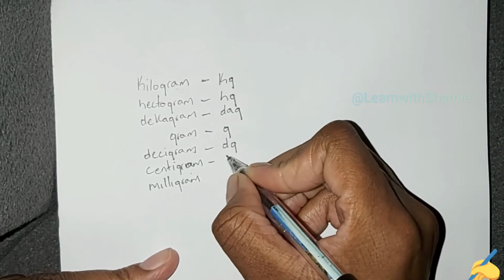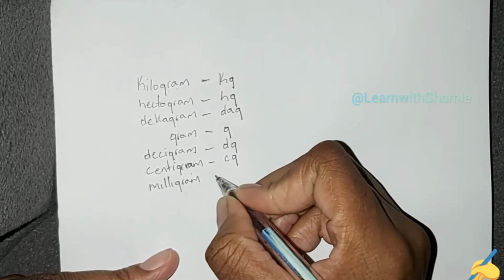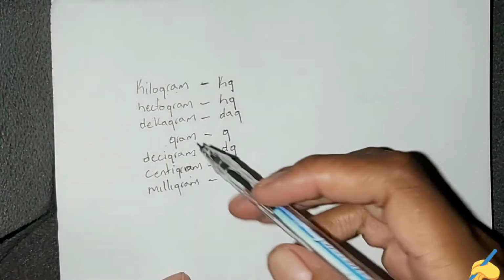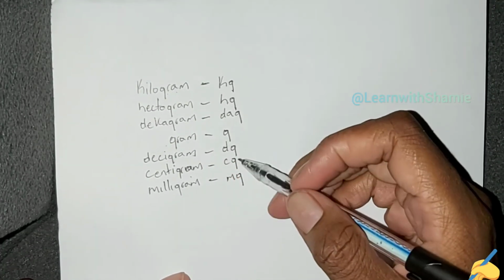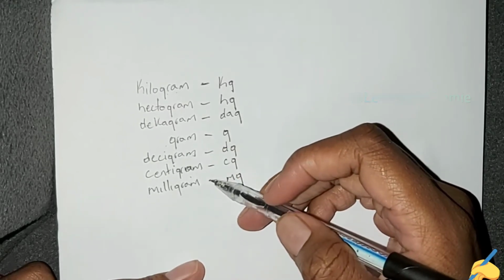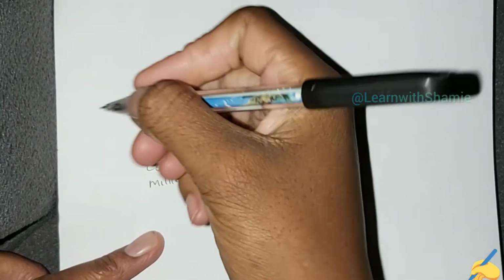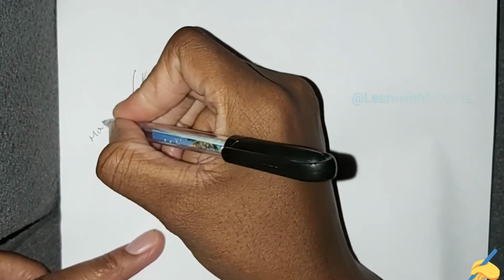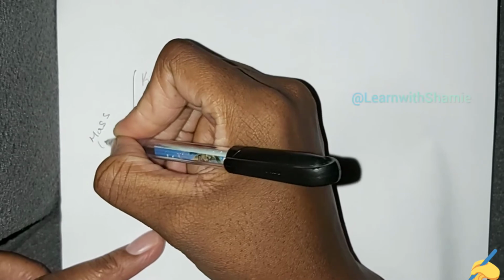For centigram cg. And for milligram it's mg. So if you see these abbreviations, you should know what they stand for. And again, these units are used to measure mass or weight.